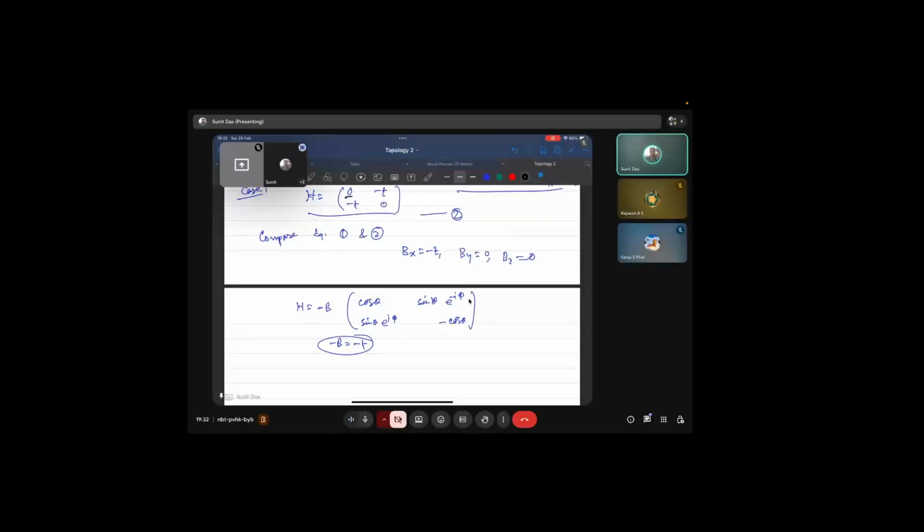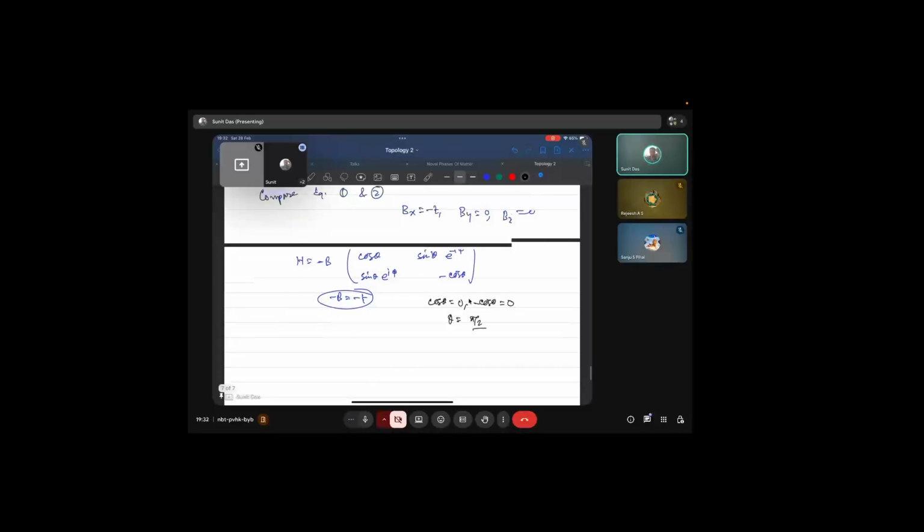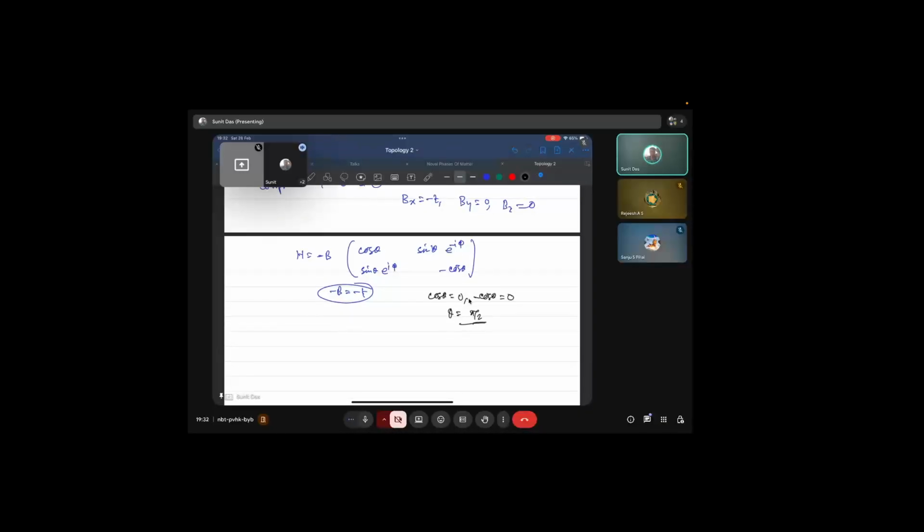So we have 0 in the diagonal terms, what that means is that cos theta equals 0, and minus cos theta is also 0. So what that means is that theta equals pi by 2, right? Of course, it could be a multiple of pi by 2, but considering, let's say, pi by 2. And then sine theta is essentially 1.